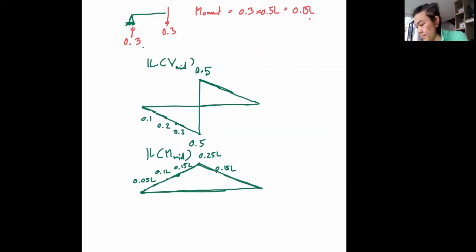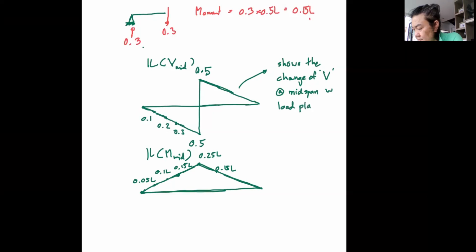So remember, this is the influence line. This is the line that shows you the change of shear at midspan of the beam with the load being placed on any location.